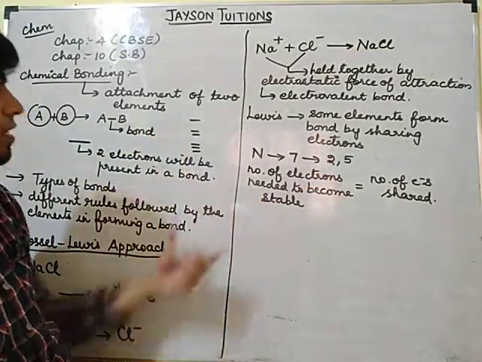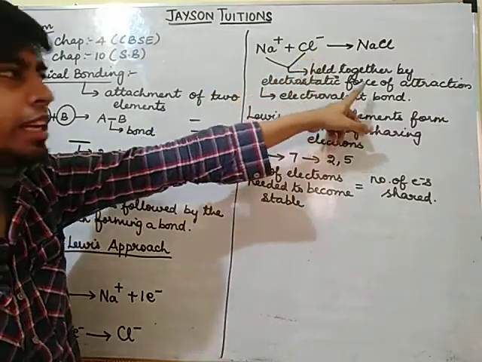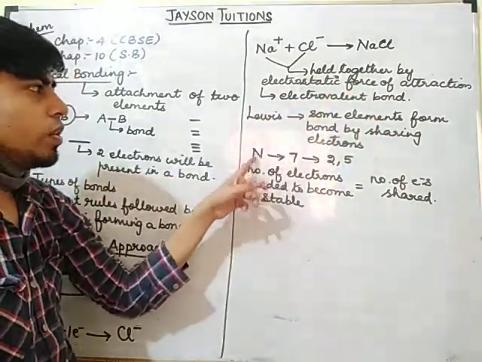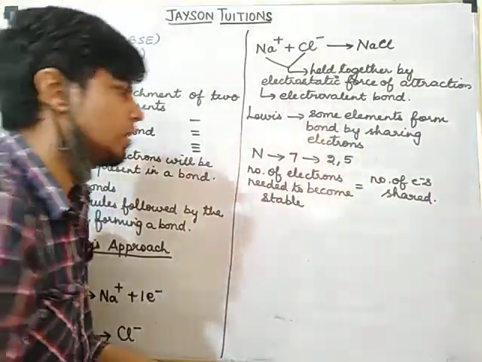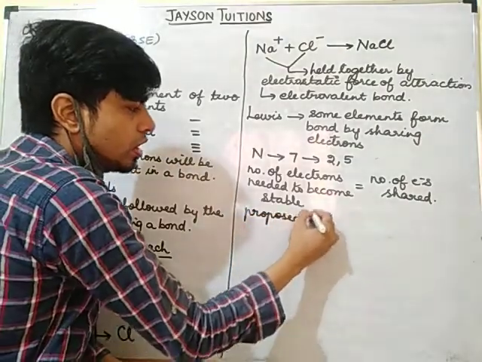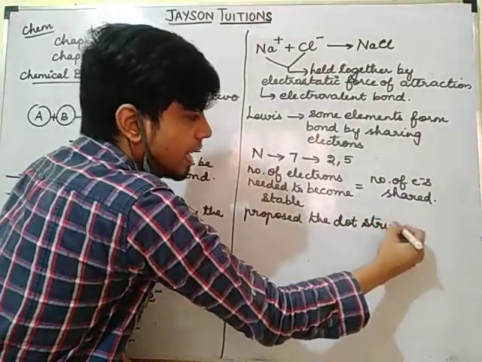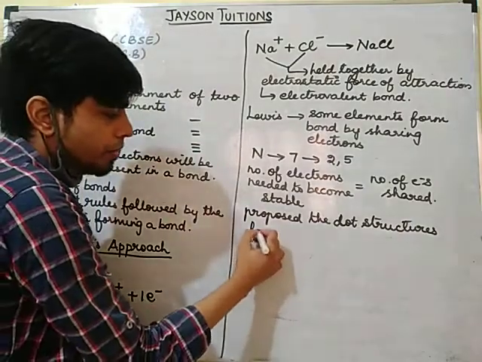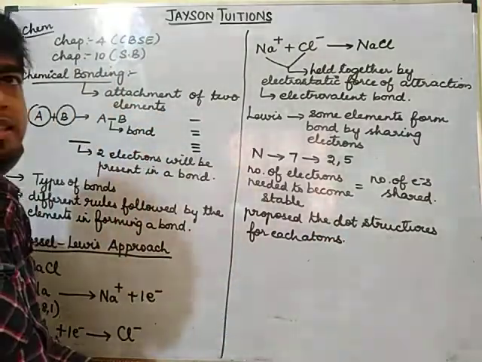Okay, so here what Kossel told, one element will lose an electron, another element will gain an electron, and then it will form an electrovalent bond by the force of attraction. Lewis told that they will form a bond by sharing of electrons. So he proposed the dot structures for each atom for easy understanding.